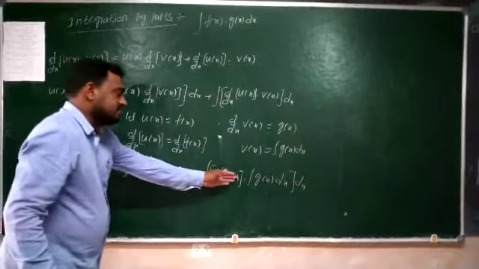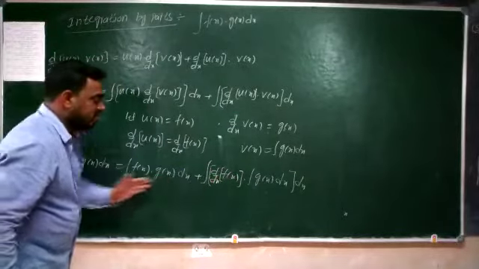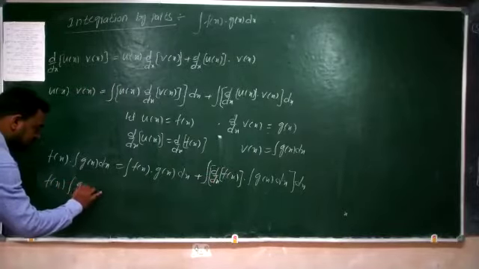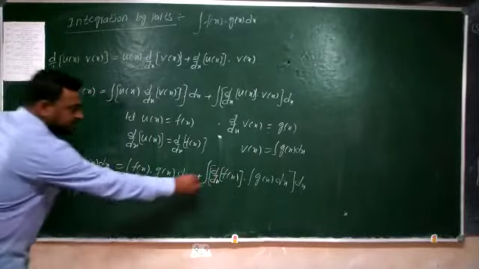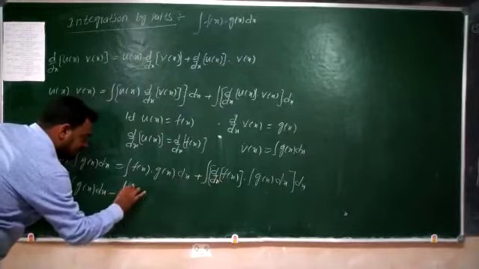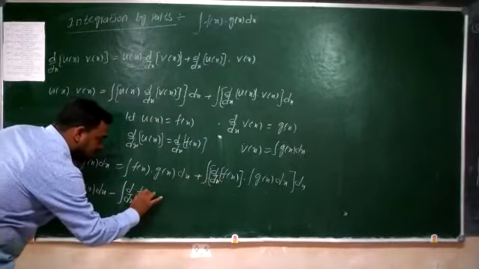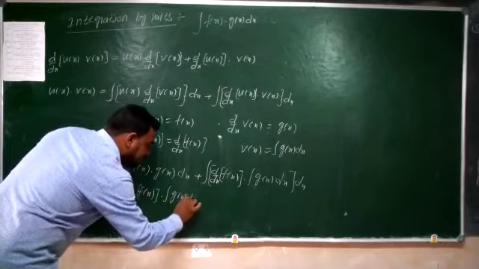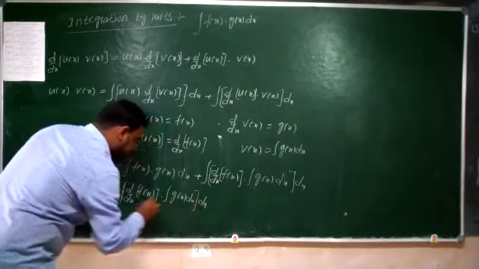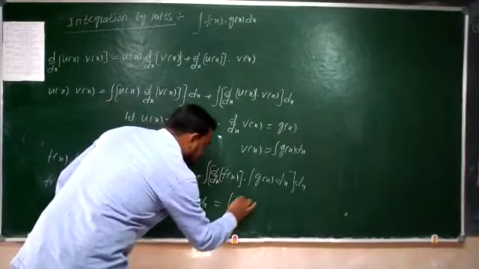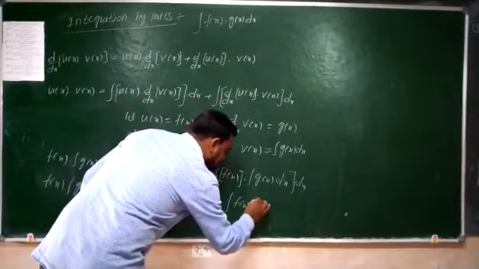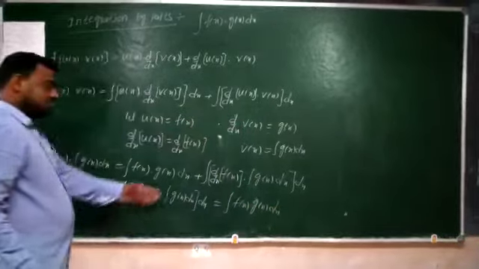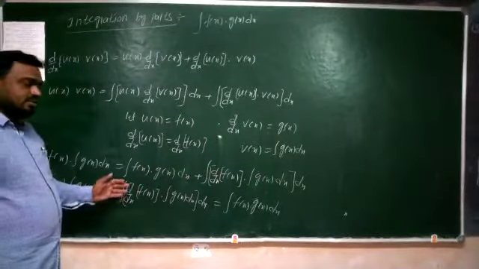Now this term is taken to the left side. So f of x into integration of g of x dx, minus integration of d by dx of f of x into integration of g of x dx whole dx, is equal to integration of f of x into g of x dx. This term is taken to the left side, so it becomes minus.